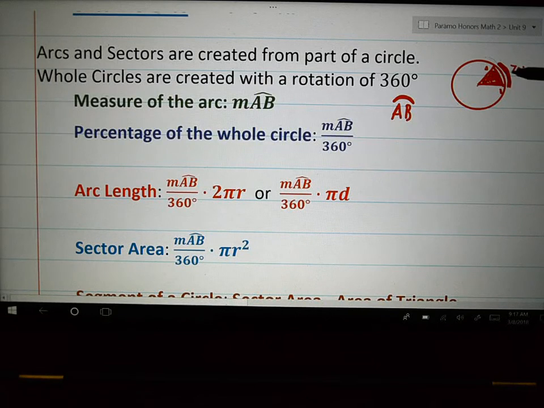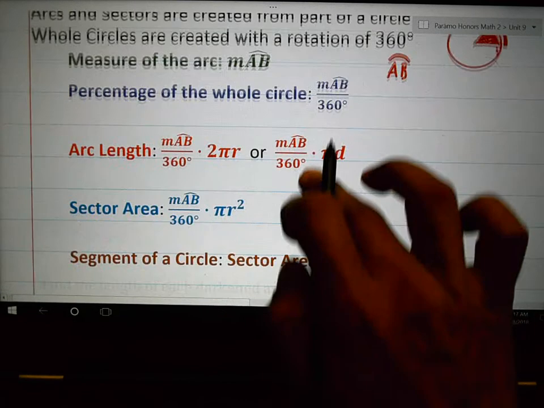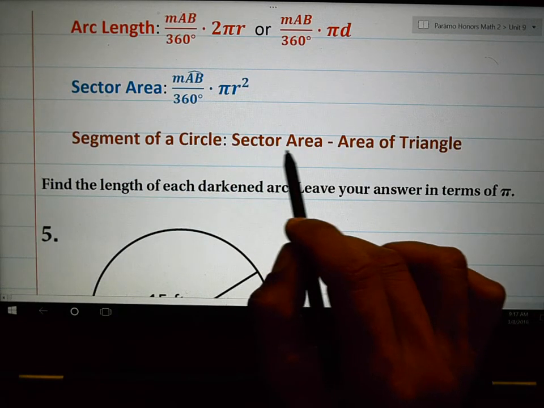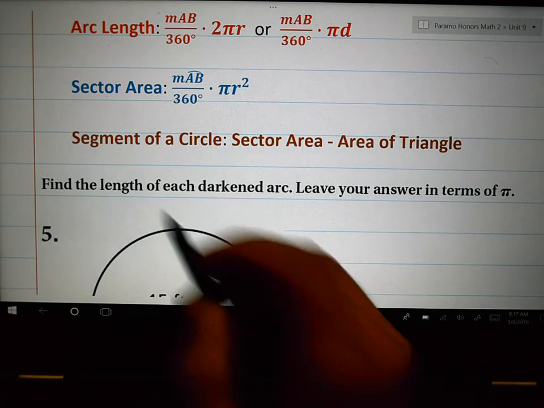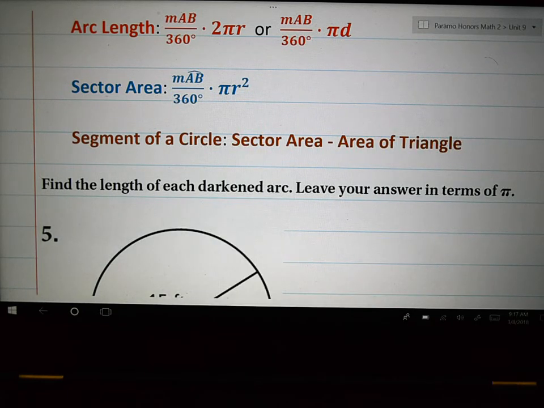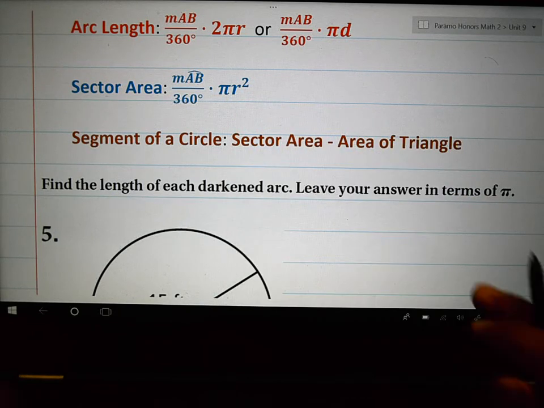And we're going to have to figure out what that area is. When you're doing that, you're going to take the sector area and subtract the area of the triangle to figure out the segment of the circle. And I'll show you an example of that down below.